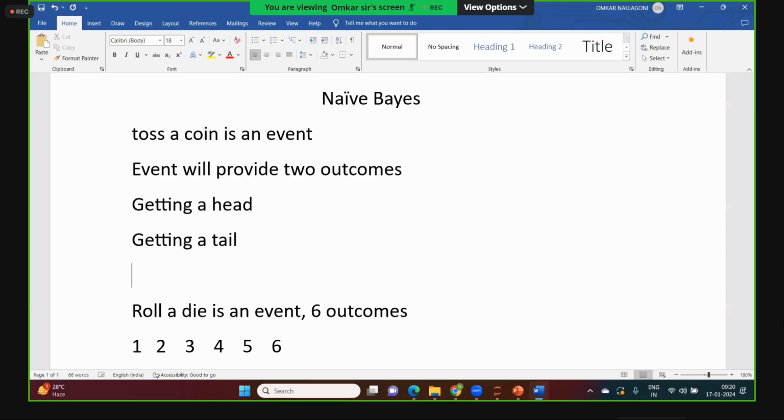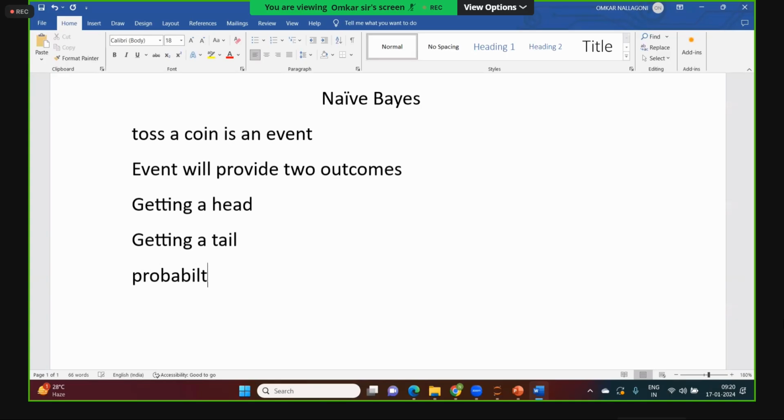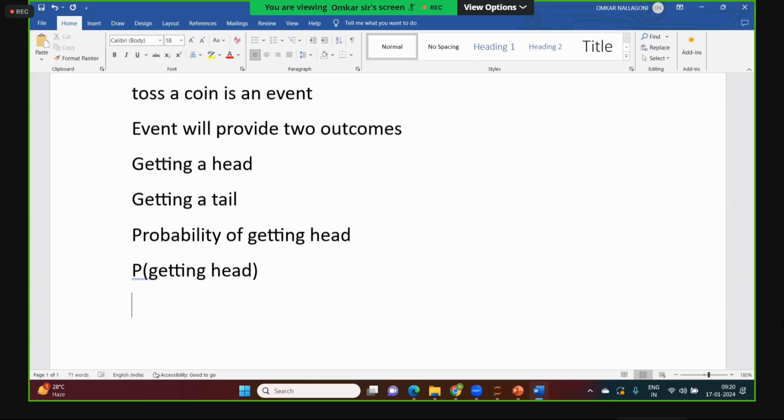I can write here probability of getting head, P of getting head. In the same way, probability of getting tail, P of getting tail.